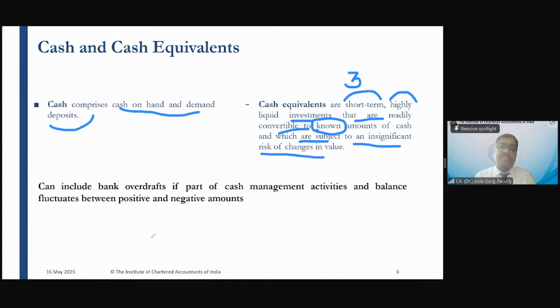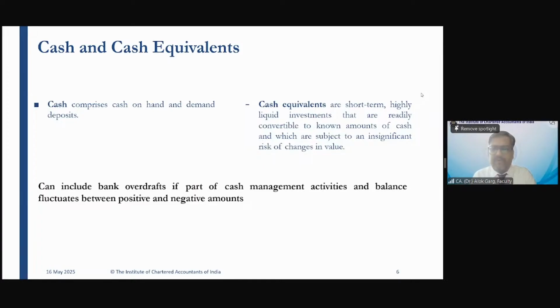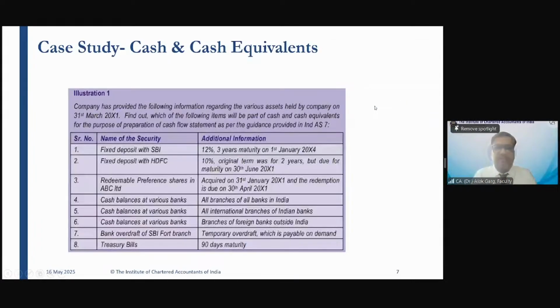So friends, now let's solve question number 1, which is there on your screen in the Word file. Illustration number 1. Fixed deposit with State Bank of India, 12%, 3 years maturity on 1st January 20x4.